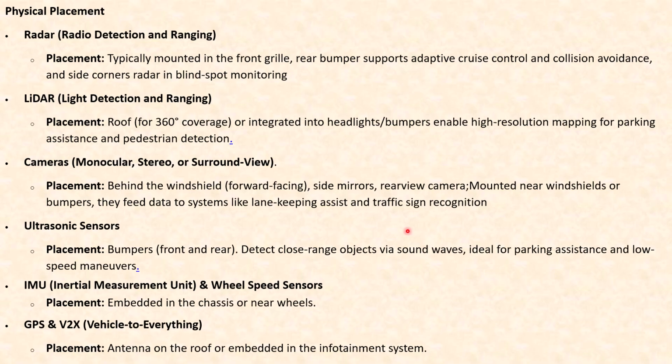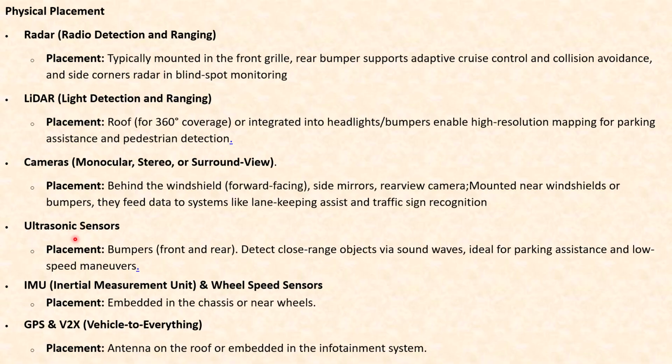So based on that, by now you have gathered that cameras are majorly placed behind the windshield, forward facing. For the 360-degree cameras, side view mirrors and rear view cameras are mounted near the windshields or bumpers, and they also feed data to systems like lane keeping assist and traffic sign recognition.